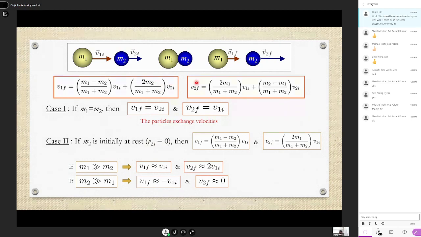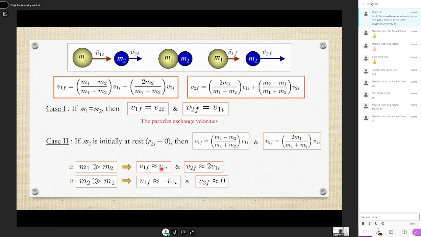Then you get another two smaller equations because now we have a more specific case, where M2 is not moving. If M1 is much greater than M2, imagine M1 is a large, very heavy metal ball colliding into a very small plastic ball that is not moving. What will happen?